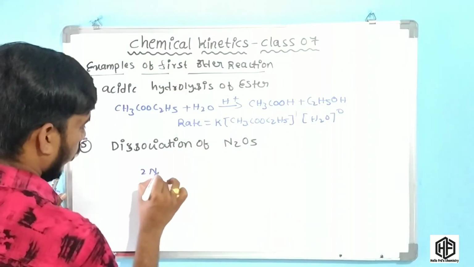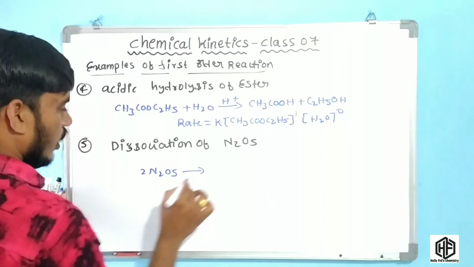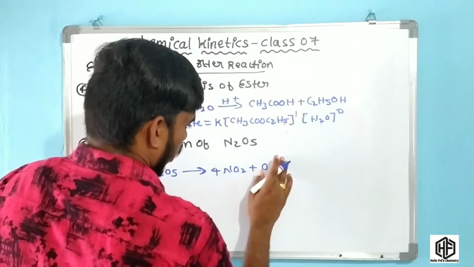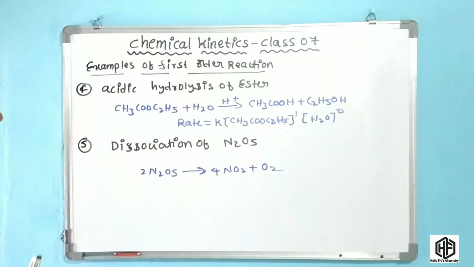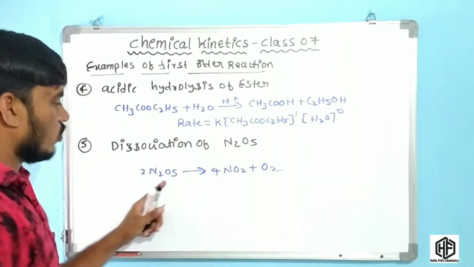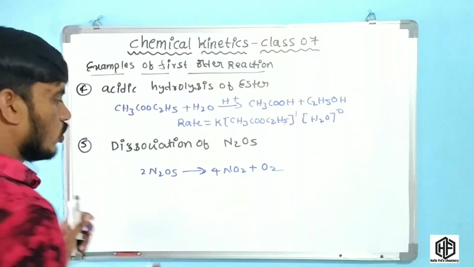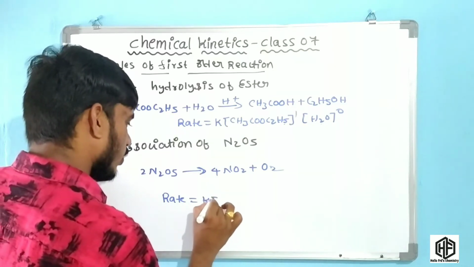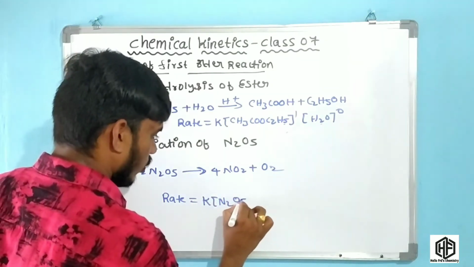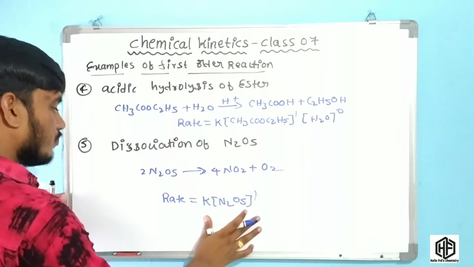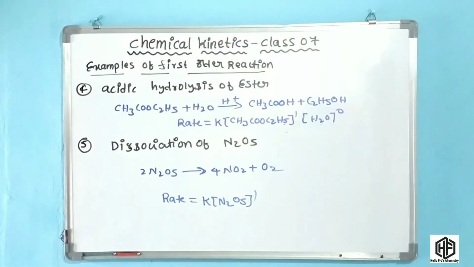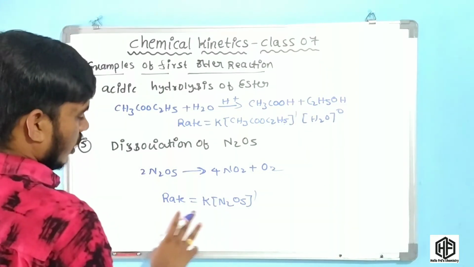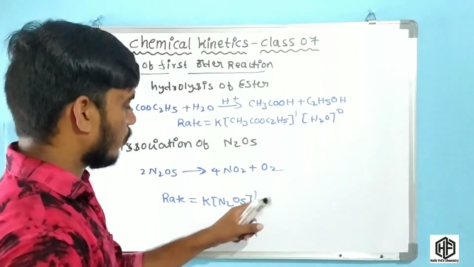You know that 2N2O5 gives 4NO2 plus O2, which is a small gas. Now the rate is equal to K into the concentration of N2O5 power 1. Dissociation of N2O5 is an example of the first order reaction.